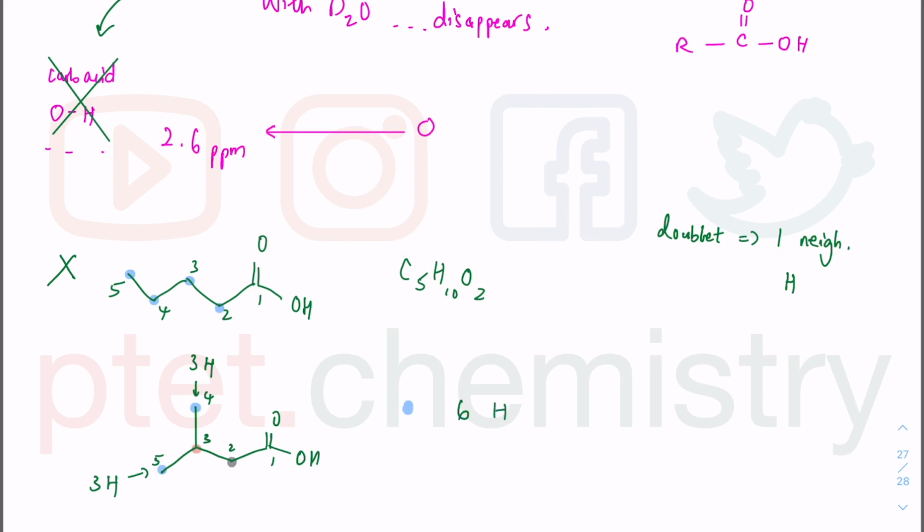And this is going to be CH3 twice, CH, and you have one neighboring proton, so you will get a doublet.